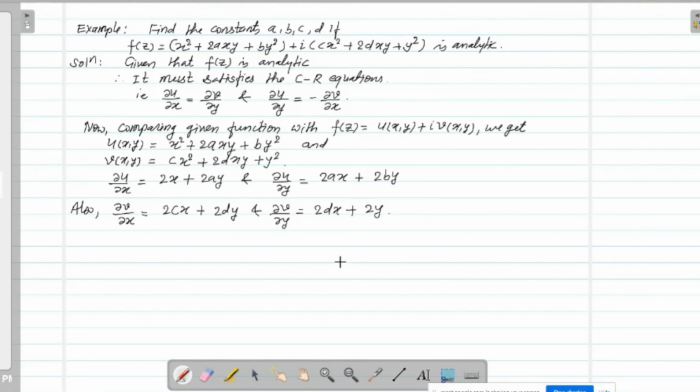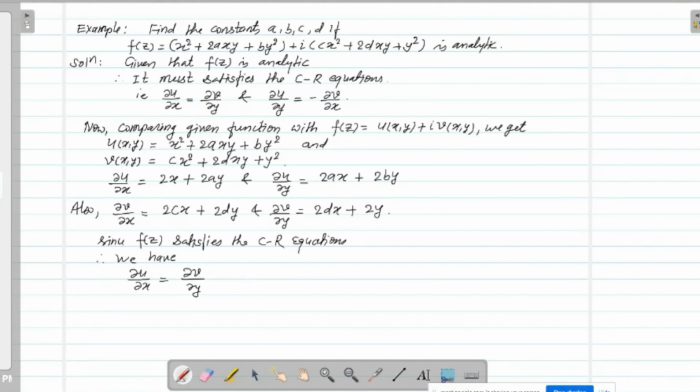Okay, since f of z satisfies the CR equations, therefore we have dou u by dou x, which is equal to dou v by dou y.